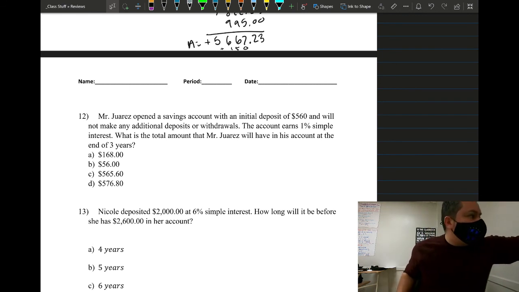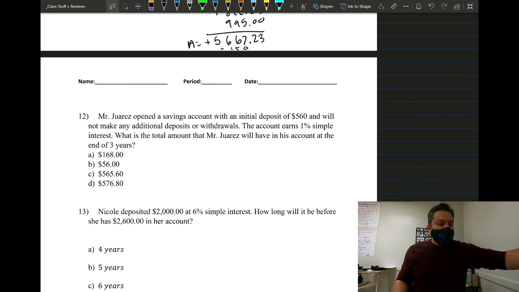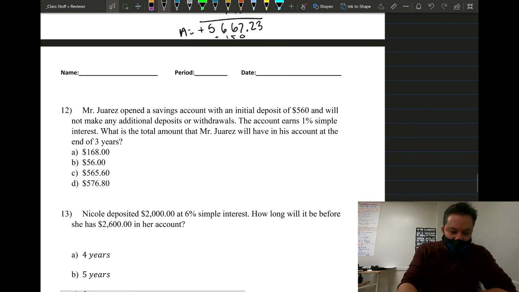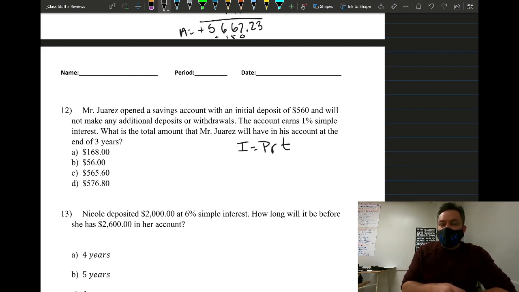Now for this, we're going to have a formula, okay? And the formula is going to be given to you. This is a simple interest formula, and the formula says I equals PRT. The I stands for interest. The P stands for principal, which is the original amount. The lowercase, remember, is a lowercase r. That stands for the rate.